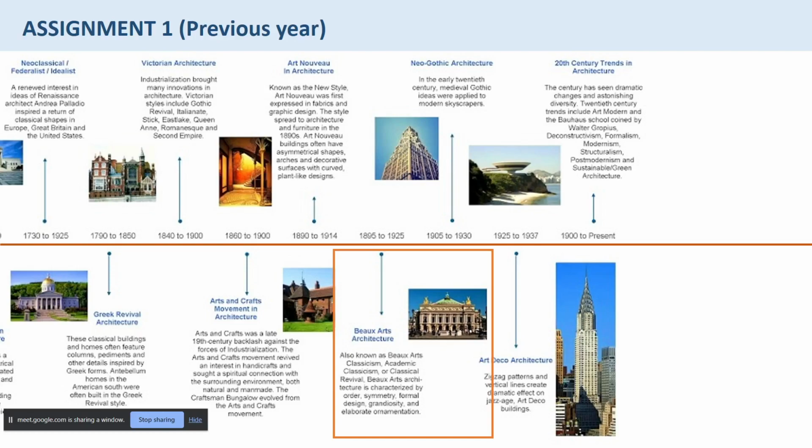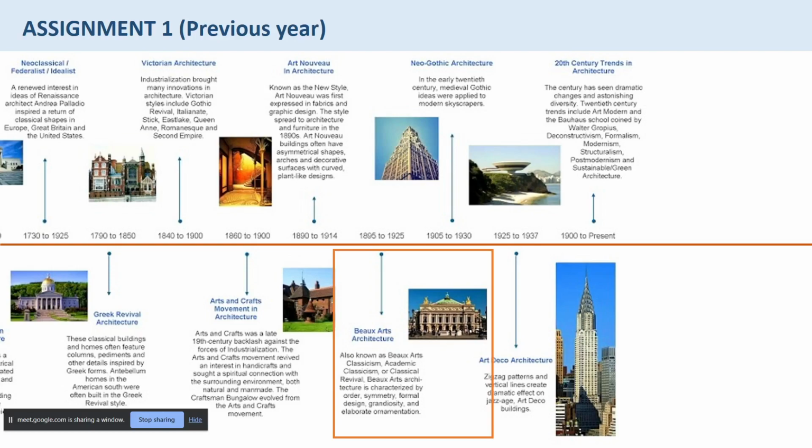So this movement was started against the industrialization, so they focused more on ornamentation, more on handicrafts, and you would very quickly realize that in the entire timeline of these eras, once comes the ornamentation phase, and then again the designers move on to simpler architecture, easier forms, minimal stuff. And then the next era they again move to a more ornamented form of style. So this keeps happening. So when industrialization came, then again simpler forms started being built, because it was easy to build. Now we had steel, we had framed structure, so everything started looking similar.